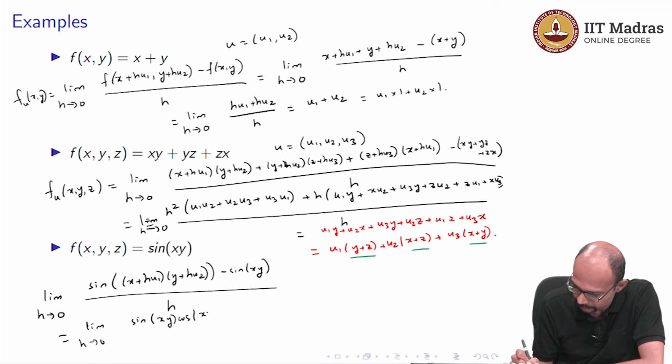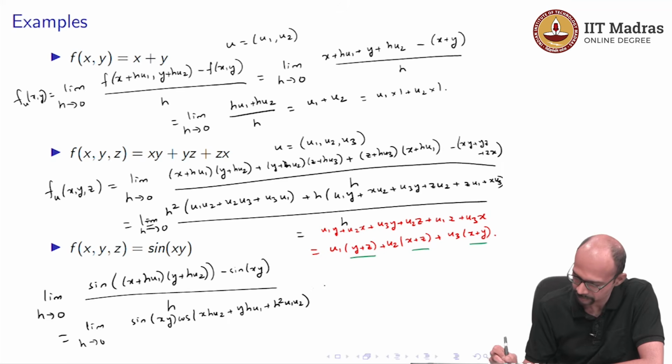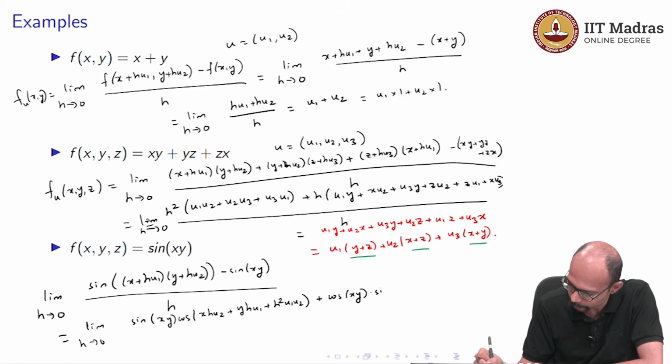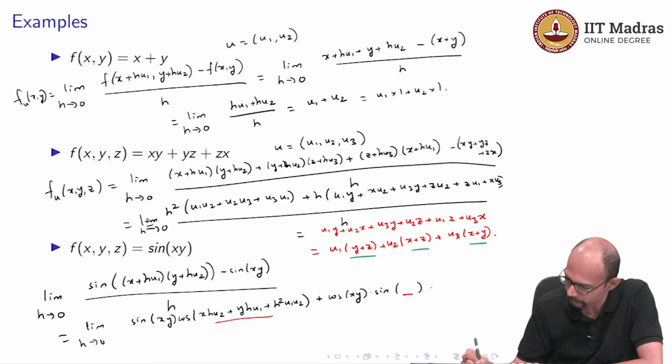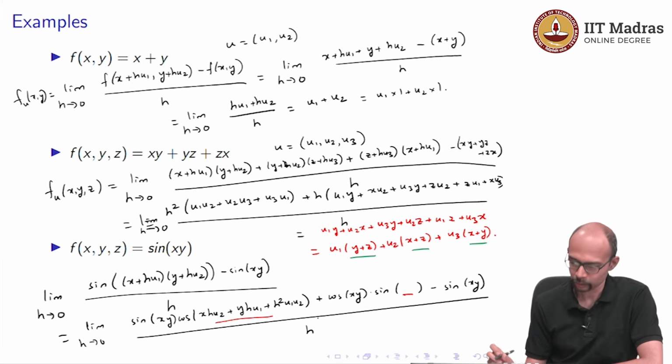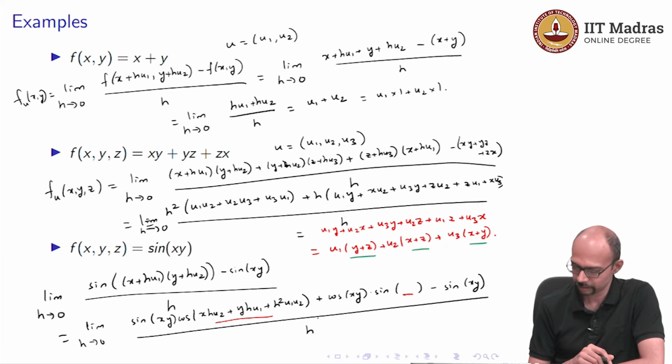So, x times h u2 plus y times h u1 plus h squared times u1 u2, minus plus cosine of xy times sine of the same thing that I have here in the cos. So, this thing comes here, and then minus sine xy divided by h. Okay, so, this is a limit that I claim is totally doable.